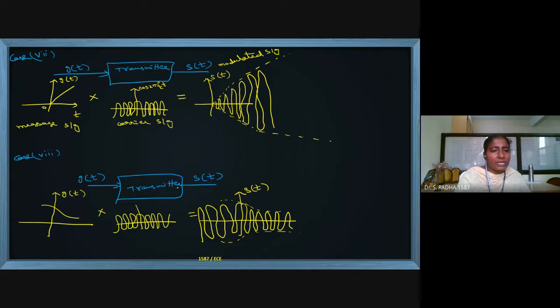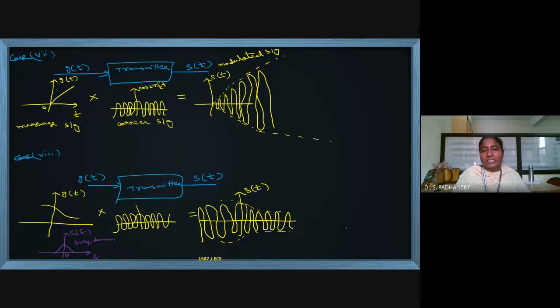I will complete this also. Now case 8, I am going to case 8. Roughly, if I assume for case 8, the spectrum in the frequency domain is something like this. I am assuming this is G of f, the frequency domain.